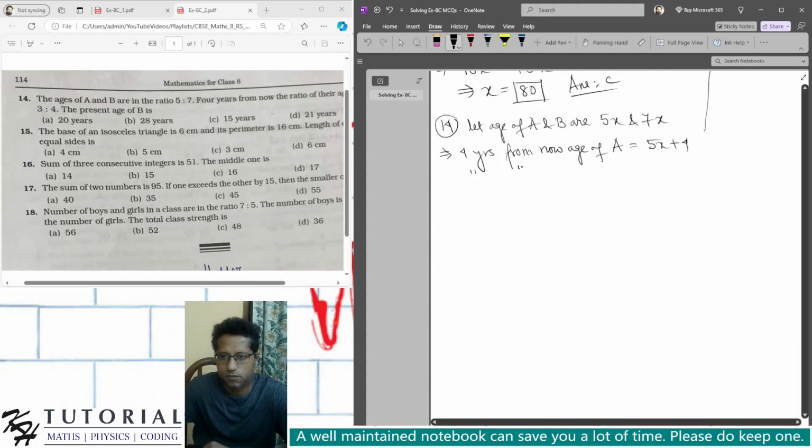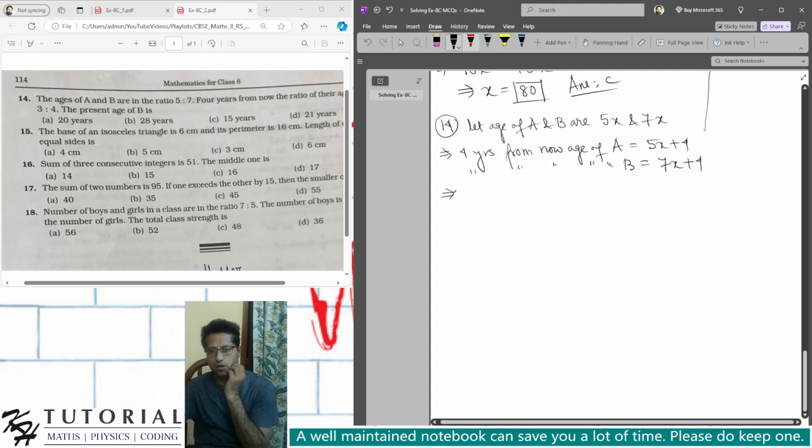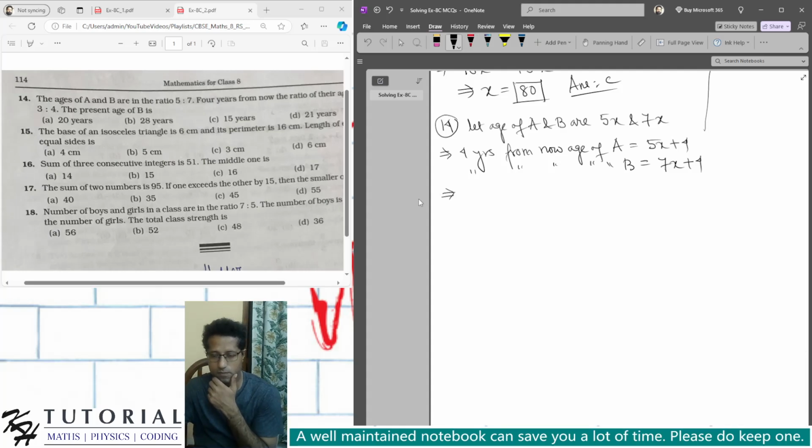Similarly, 4 years from now, the age of B will be equal to 7x plus 4. It is given that after 4 years, the ratio of the ages of A and B will be 3:4.